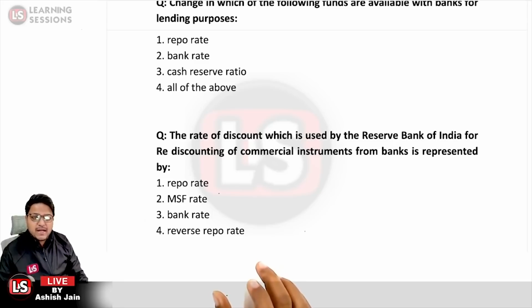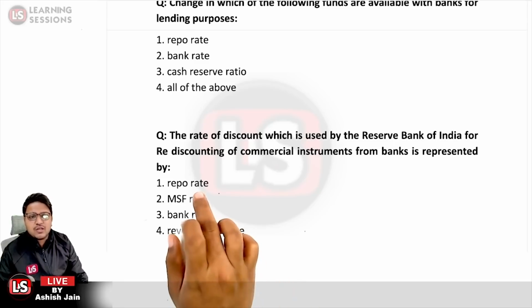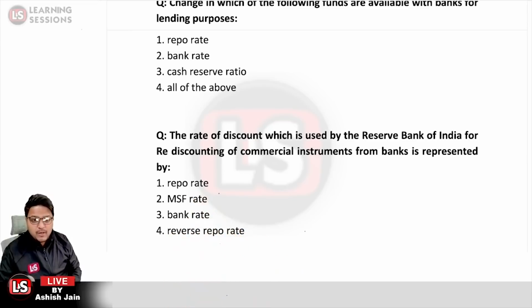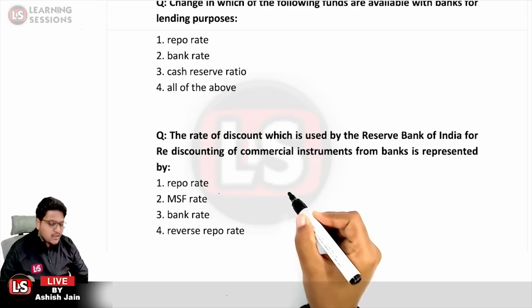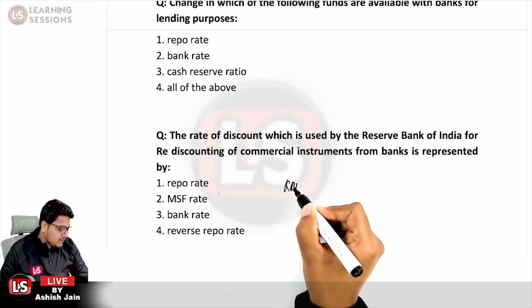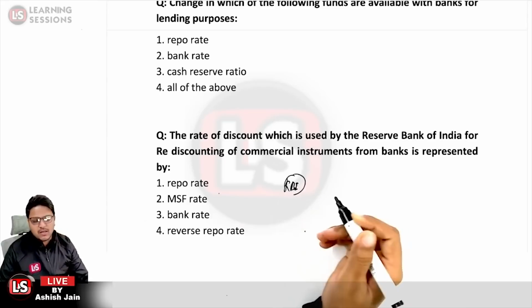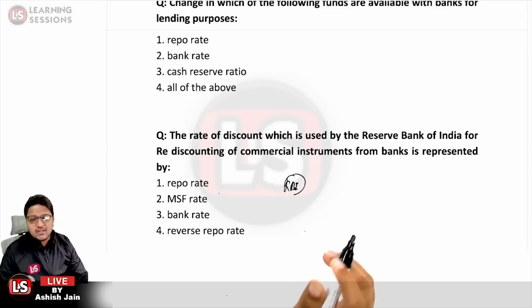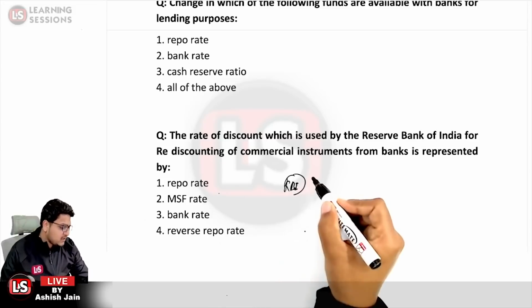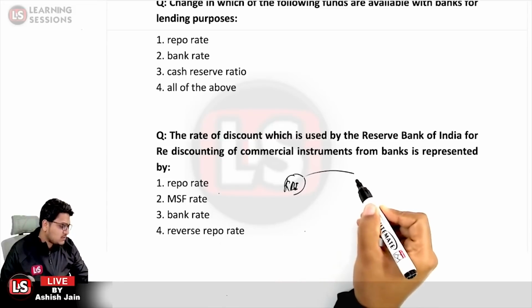And for the bank rate I already told you, and then it is the reverse repo rate, that is a reverse situation in case of the repo rate. In repo rate, the banks which were having the surplus of the securities were placing their securities with the Reserve Bank of India and were getting the liquidity. Over here, it's actually a tool by which the Reserve Bank of India places its securities with the banks.